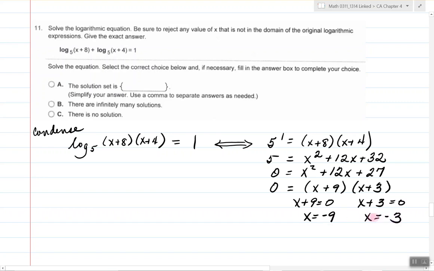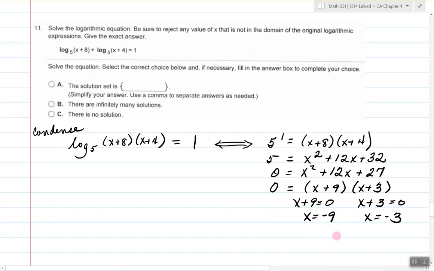Now, getting these negative answers is kind of making me think, am I going to violate the domain? Remember, when you plug a value in for x, it has to be greater than 0. If I put negative 9 in the place of x, this will be negative, and this will be negative.